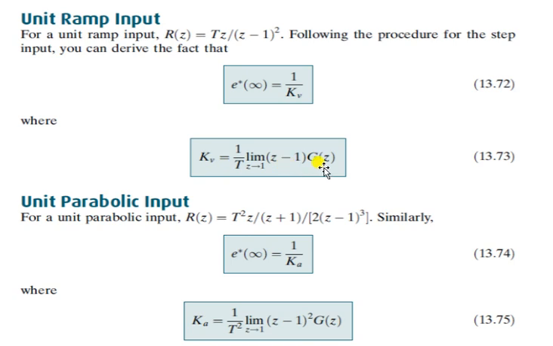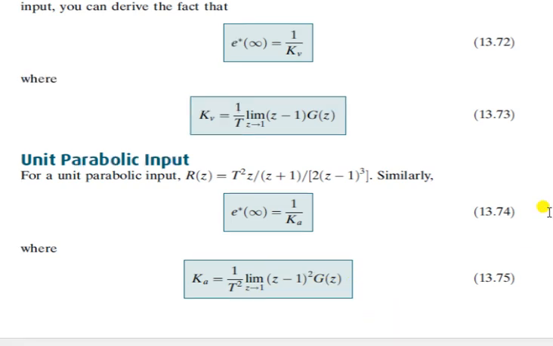And for the previous topic we used the Kp, which is the position error constant. For the unit parabolic system, the formula will be with the acceleration constant, 1 upon Ka, where Ka equal to 1 upon T square limit Z tends to 1 of (Z minus 1) whole square into G(z). So these are the formulas.